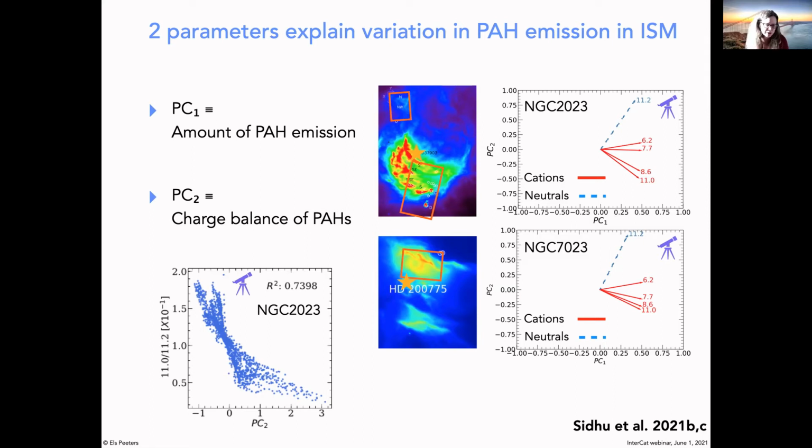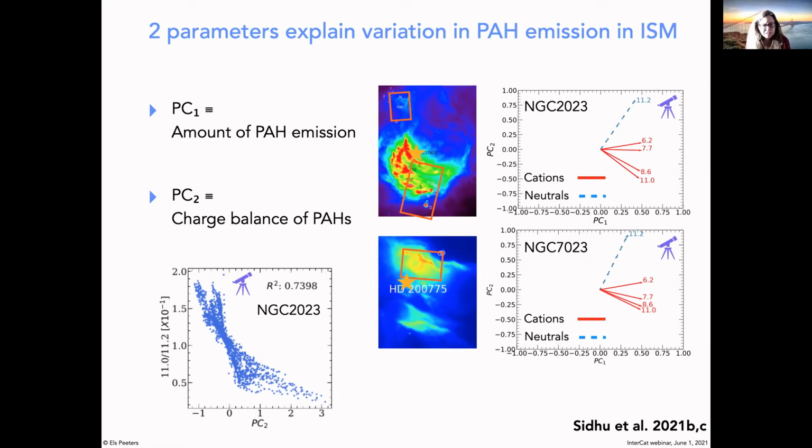And so we looked at the correlation plot of the PC2 with a tracer shown as 11.0 over 11.2. And this is not as tight a correlation as we had for the amount of PAH emission, but you see that there is some dependence. And so PC2 has some relation to the charge balance of the PAH molecules.